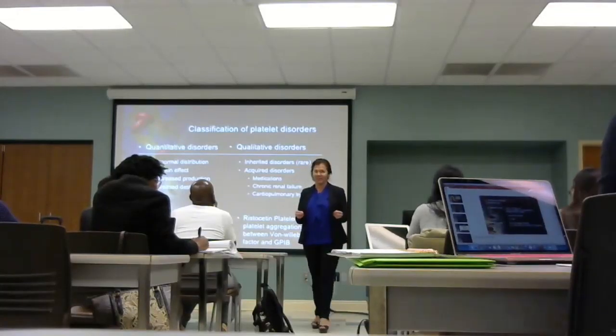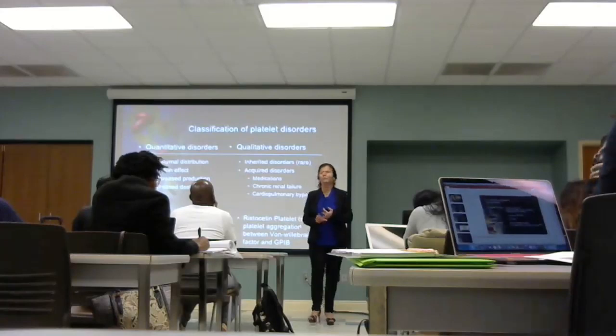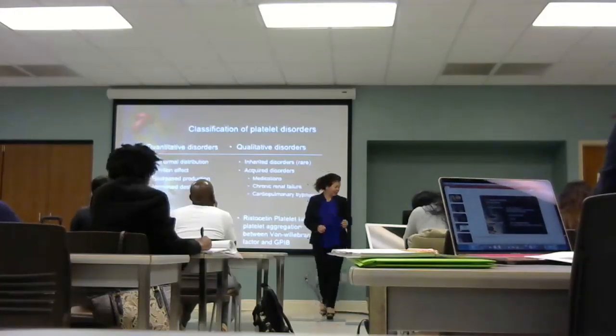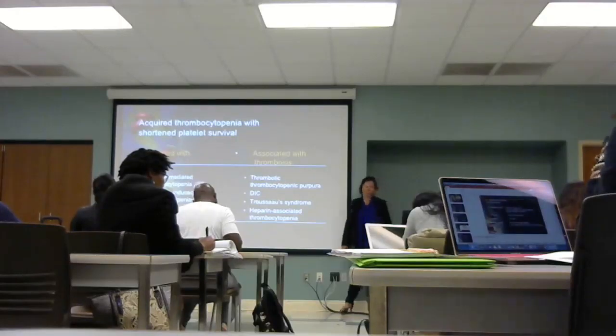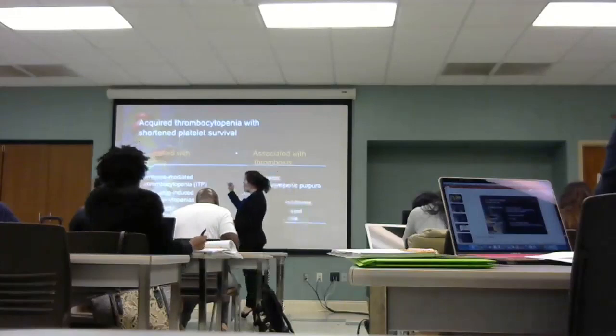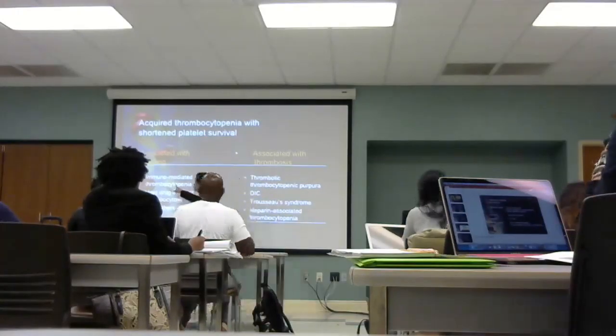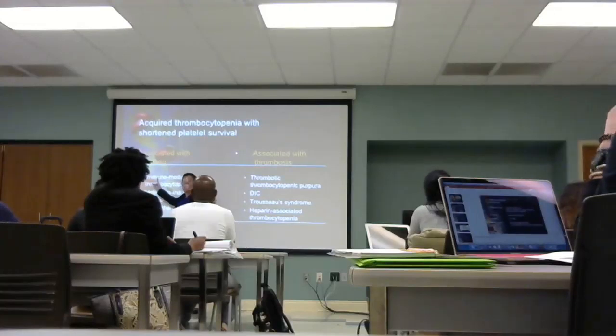And we have, as I said, glycoprotein 2B3A, as well as von Willebrand factor. Okay? So, what is immune, the word is telling you, immune or idiopathic? What is idiopathic for you?